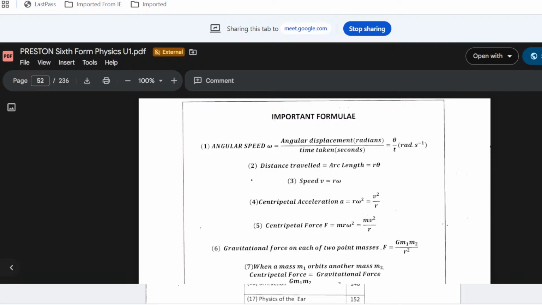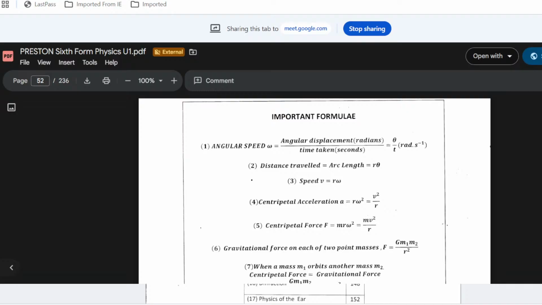So the centripetal force acts towards the center, and it's perpendicular to the linear velocity that keeps it moving in a circle.